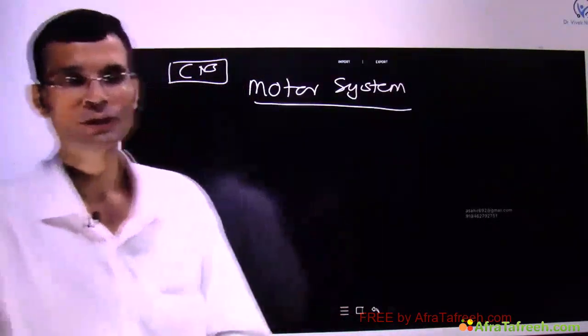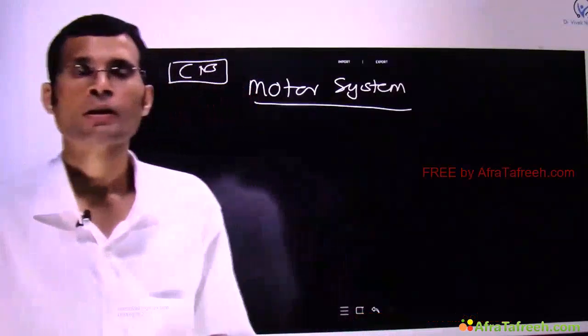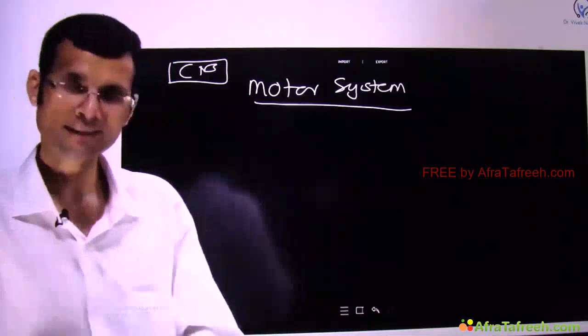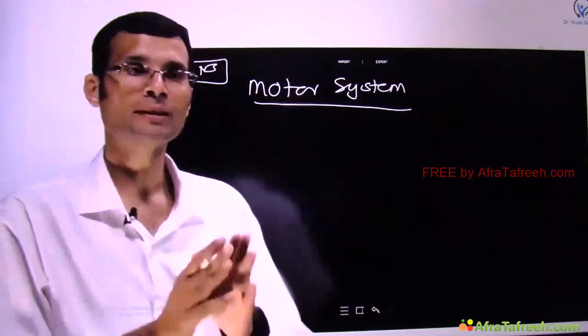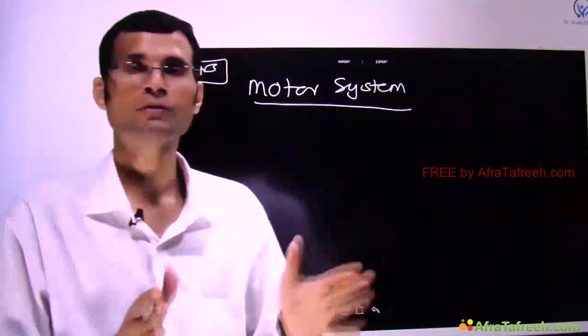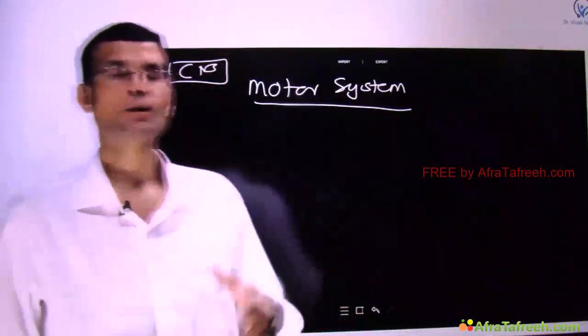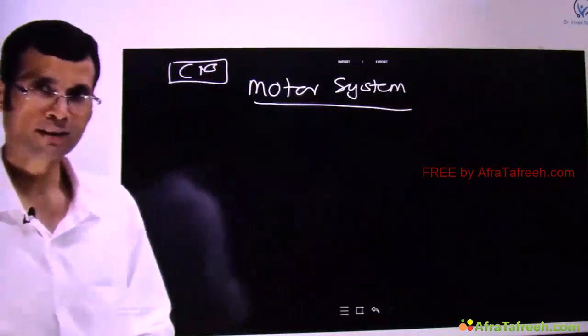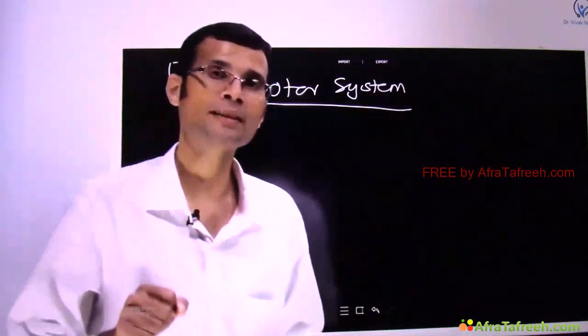there is one question, one MCQ. When a man is deciding on a voluntary movement, first impulse will be recorded from which part of the brain? And the options are premotor cortex, primary motor cortex, cerebellum, or basal ganglia.